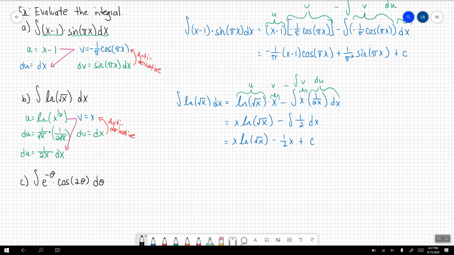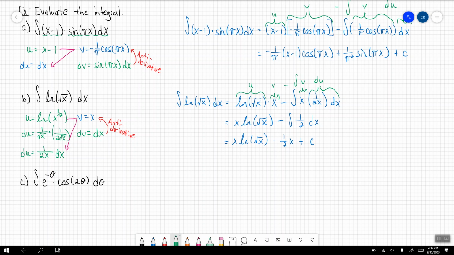So again, you're going to see that substitution doesn't work too well here, so we want to stay away from substitution. So in that particular instance, we more than likely want to go with this whole process for integration by parts.